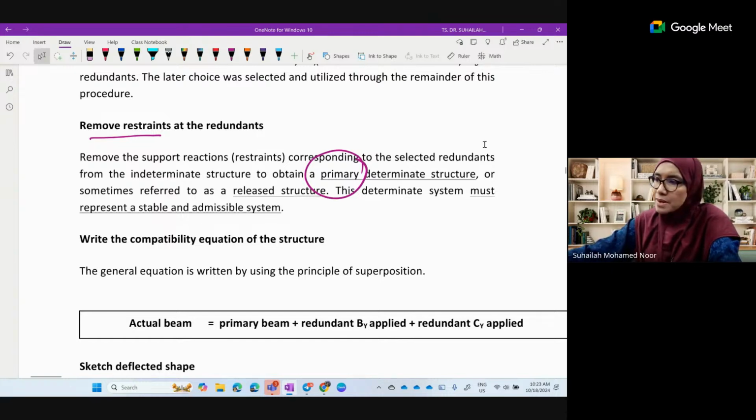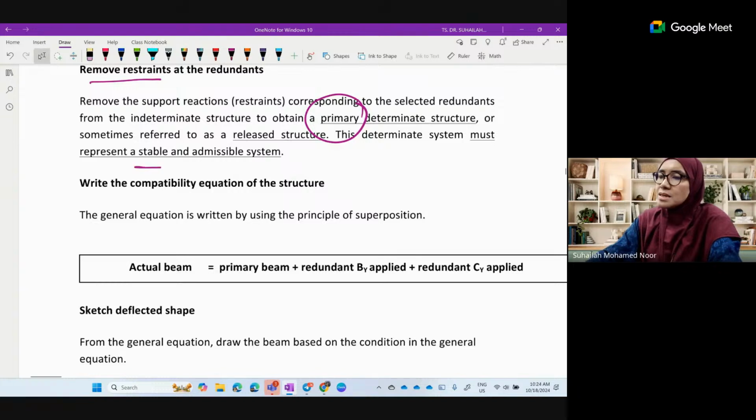It must be stable, must be determinate. Then we apply the principle of superposition, and in the principle of superposition, we will write the compatibility equation. This is the general equation.